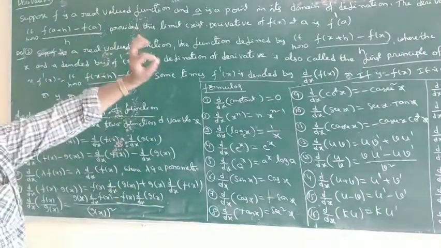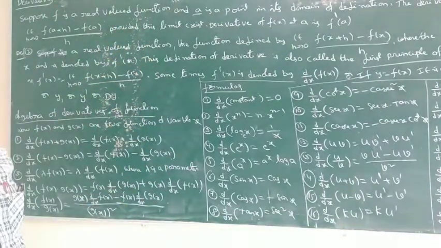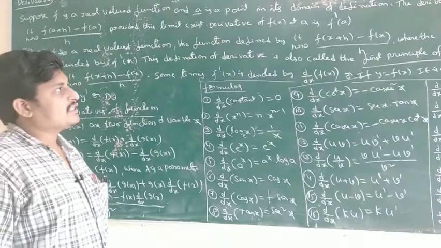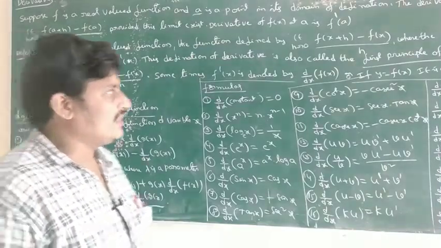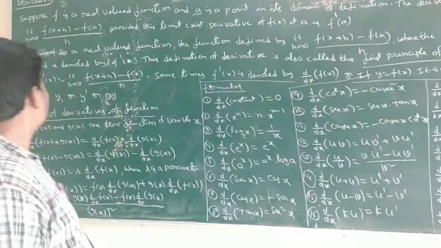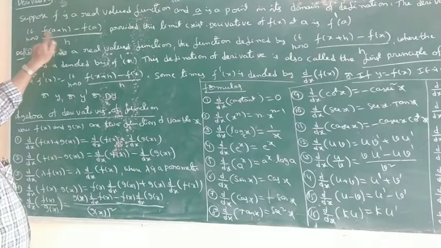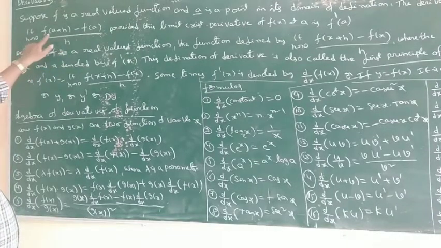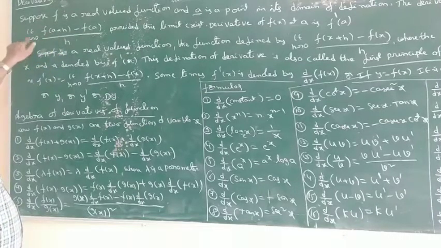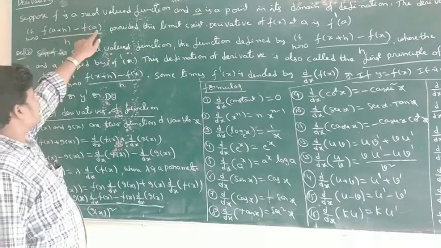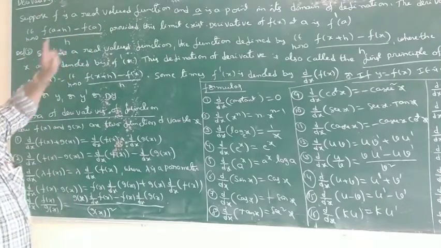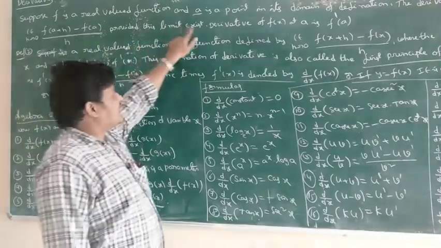A is always in its domain. The derivative of f at a is defined as limit h tends to 0, f of a plus h minus f of a by h, provided this limit exists.